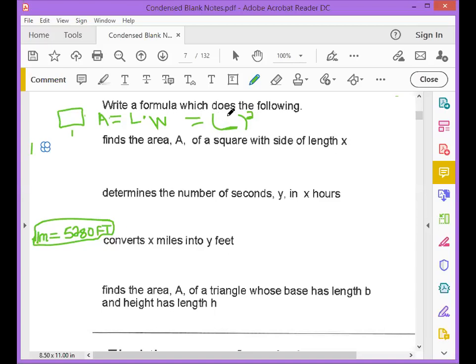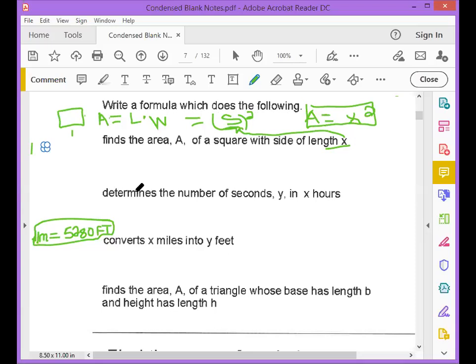It's really just the same side. Now, to find the area of a square with a length of x, we're just substituting that x where the s is. So the formula to calculate the area of that square would be x to the second power, just x times x, or x squared.